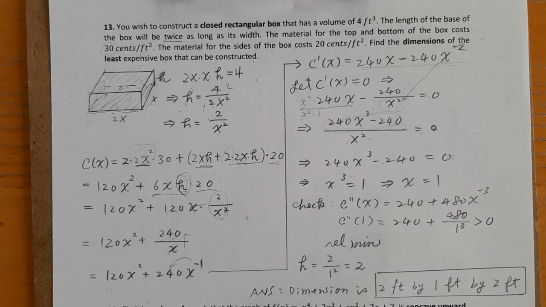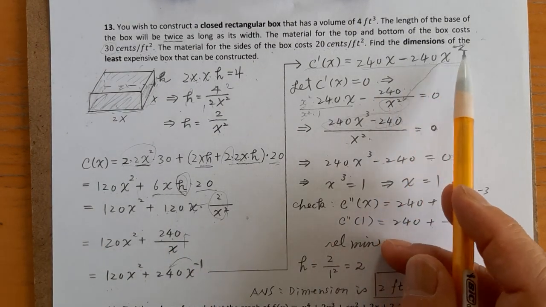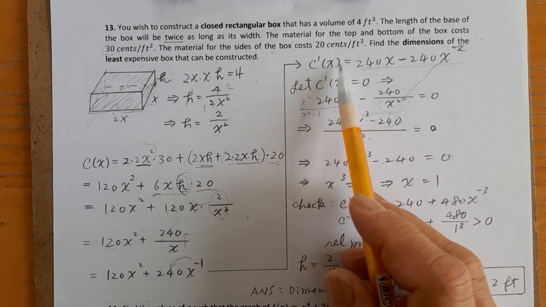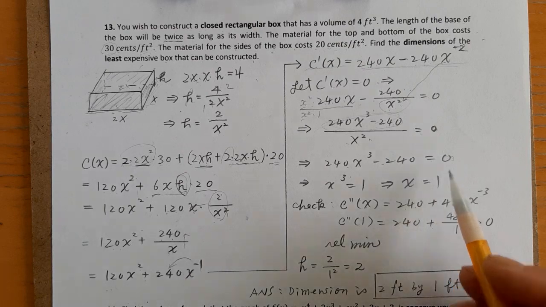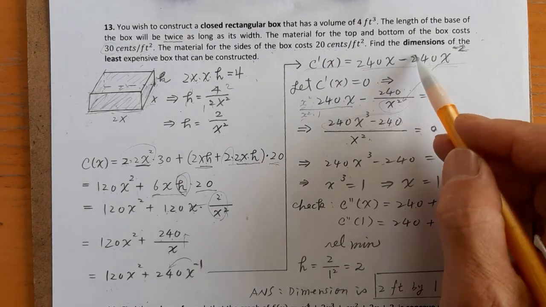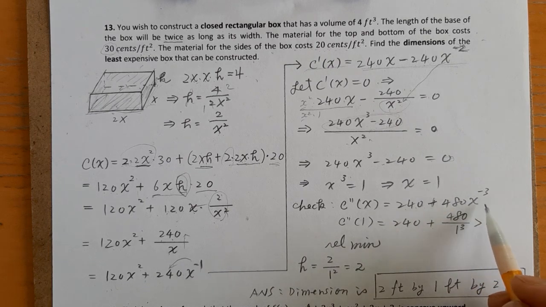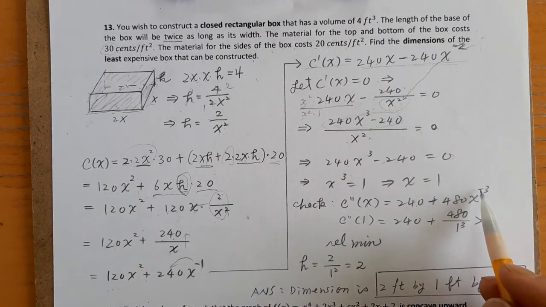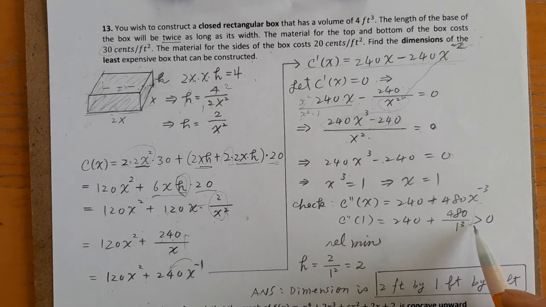You can check it. Use the C function's second derivative. Derivative of 240x is 240. And here, negative 2 times negative 240 becomes positive 480 x to the power negative 3, bring it down to the denominator.